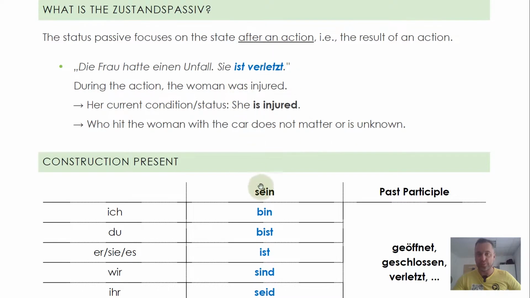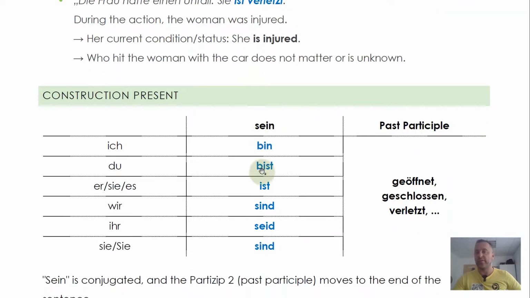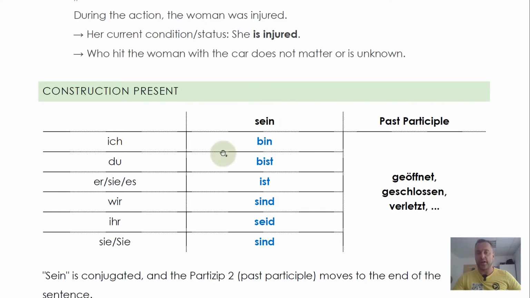So it's to be plus the past participle. There is something very similar in English, but I'm not sure if you call it status passive there too. It's simply to be plus the past participle. So I am injured, or it is open, you would say in English, but here in German, sorry, es ist geöffnet, es ist geschlossen, es ist verletzt.